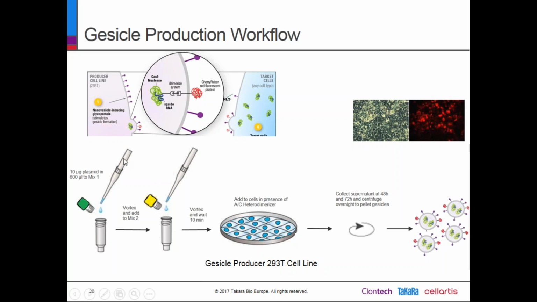And you will just need to add this plasmid to the packaging mix 1, add the mix 1 to the mix 2, and then do this big transfection of the producer cells in the presence of the little dimerizer molecule. You remember this is just to enrich Cas9 within the jasicles. Then you wait 2 to 3 days and you can collect the jasicles from the supernatant, and there's a centrifugation step to concentrate them, and then they are ready for use.